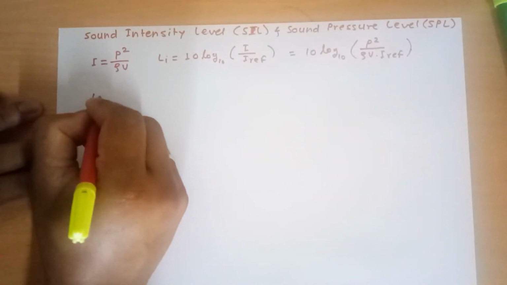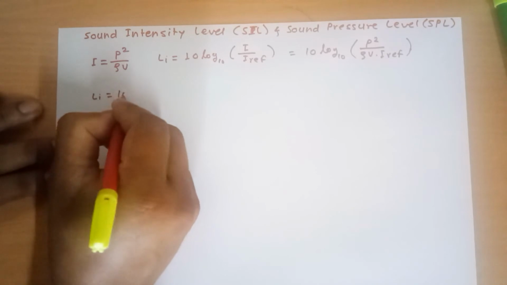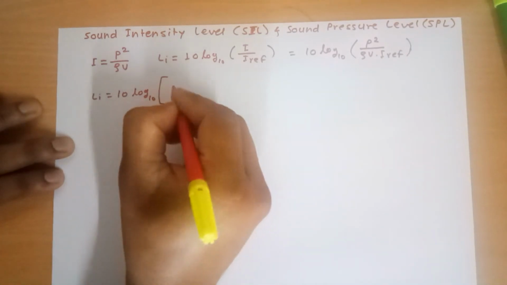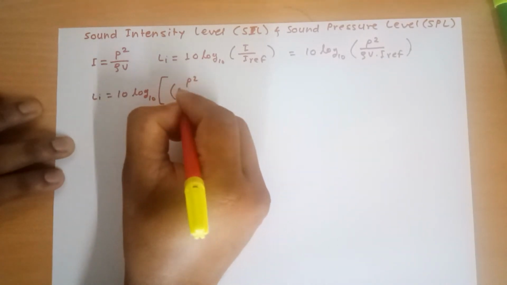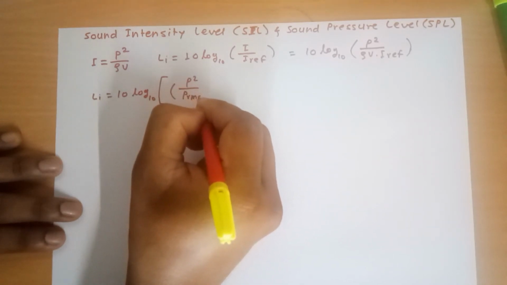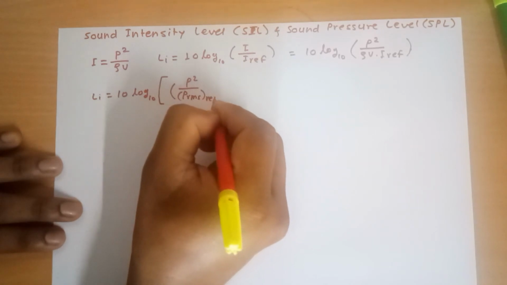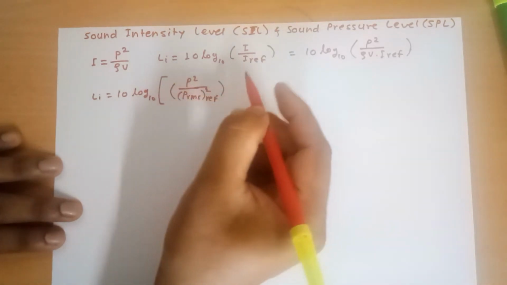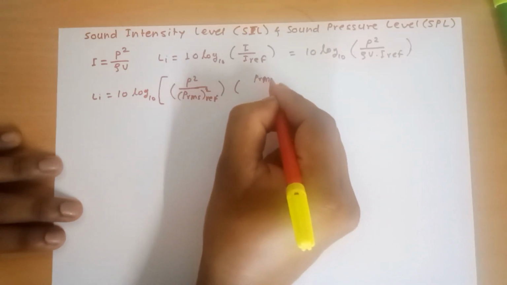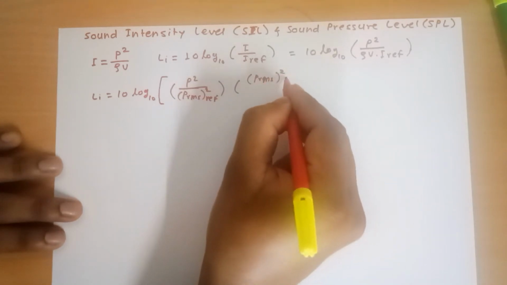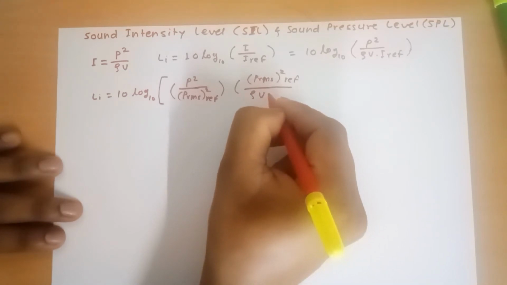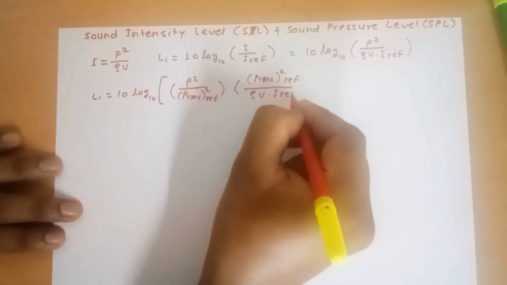So we will do a little modification here. 10 log to the base 10, in the first bracket we will consider P square divided by P root mean square reference value, and in another bracket we will take P root mean square reference value divided by this characteristic impedance into I reference value.